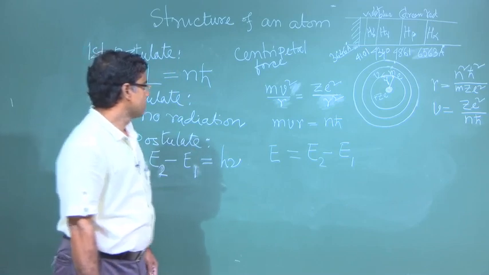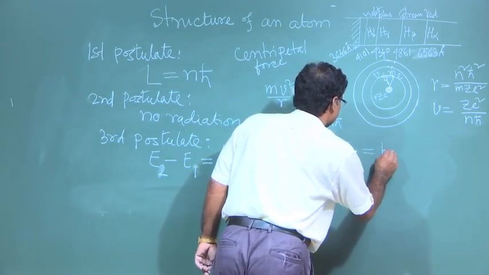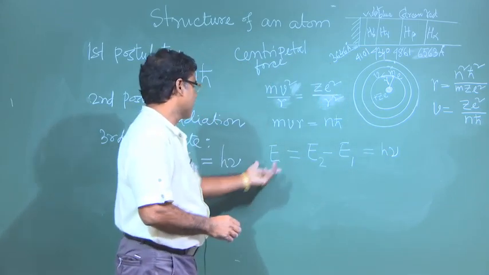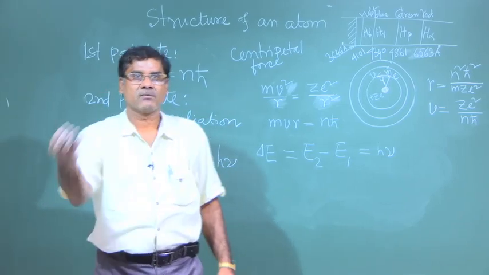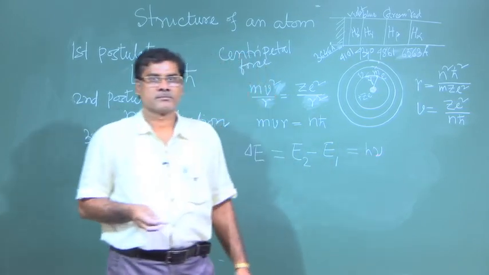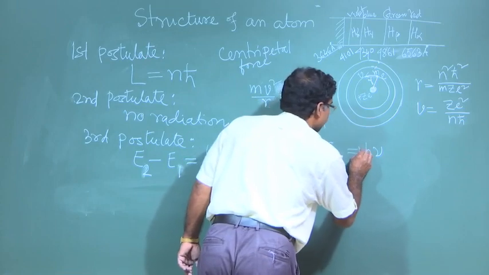Okay. So, this will give us the energy difference. So, I can write delta E. So, that will come out as radiation, and it is h nu, or one can write n h nu.